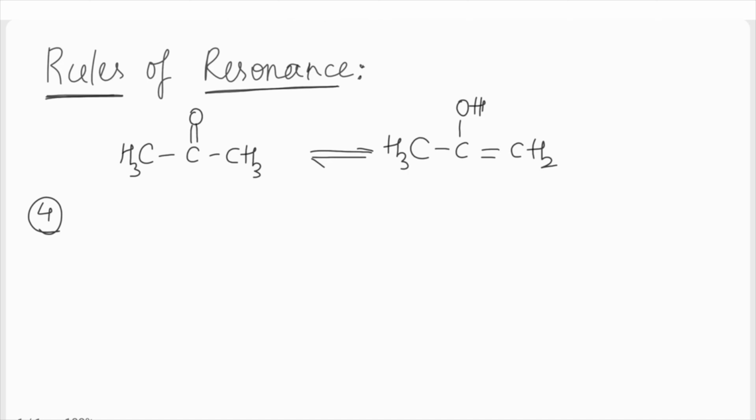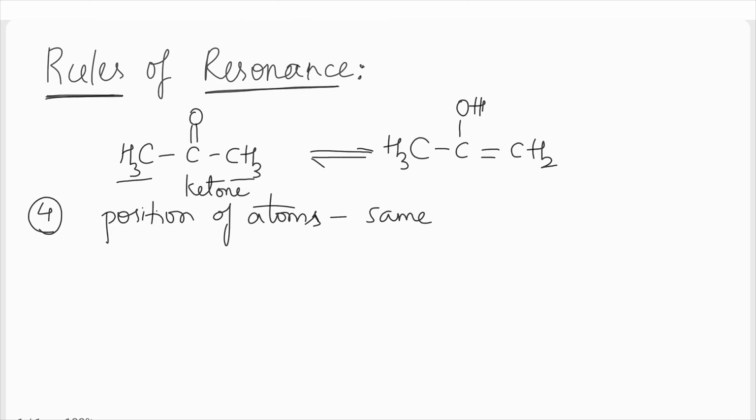The next rule, the fourth rule, is that the position of atoms in the two resonance structures should be the same. Position of atoms in the two canonical structures should be the same. If you look at this example, here we have CH3, CH3, C double bond O. This is considered to be a ketone. And here it is CH3COH double bond CH2.